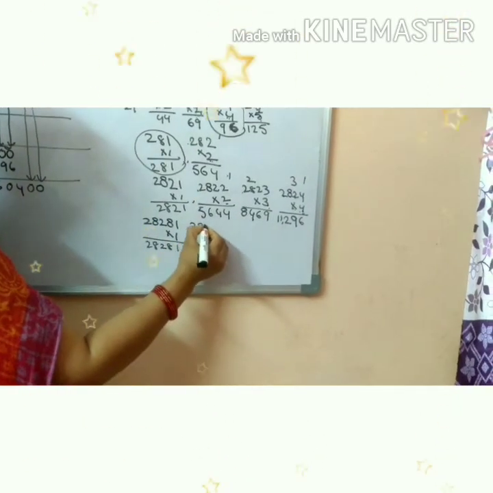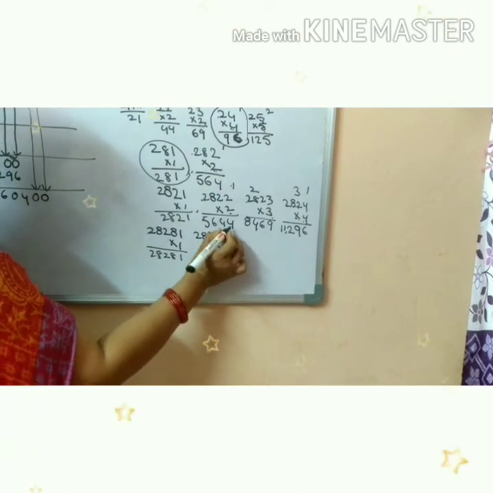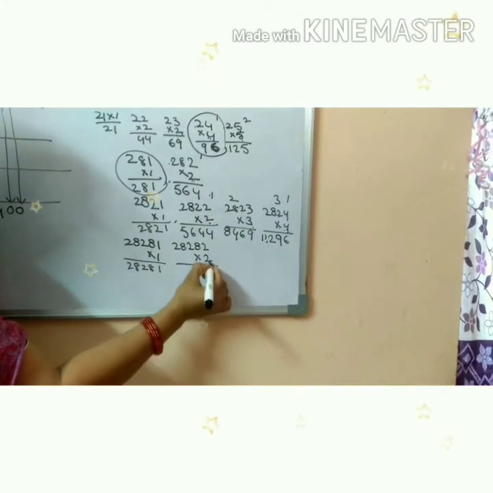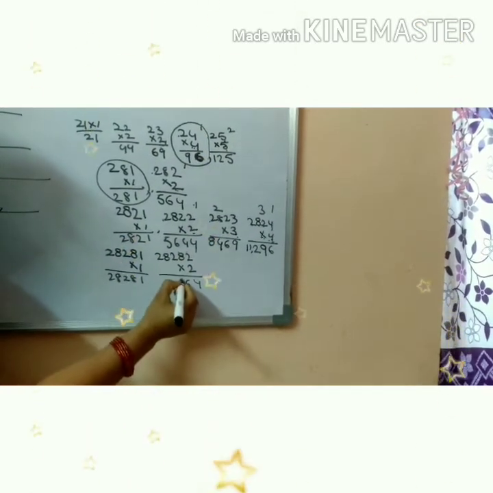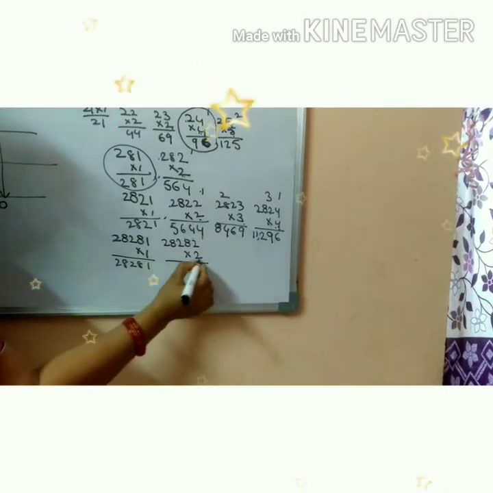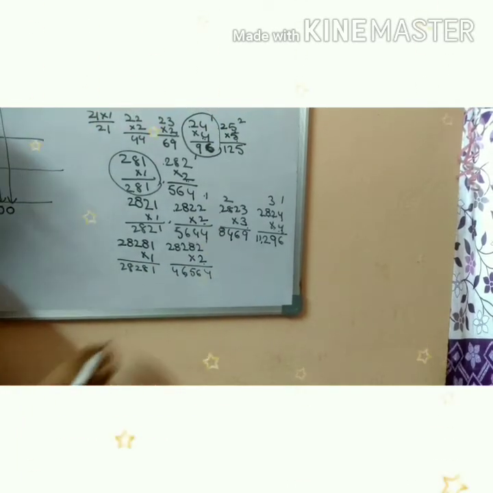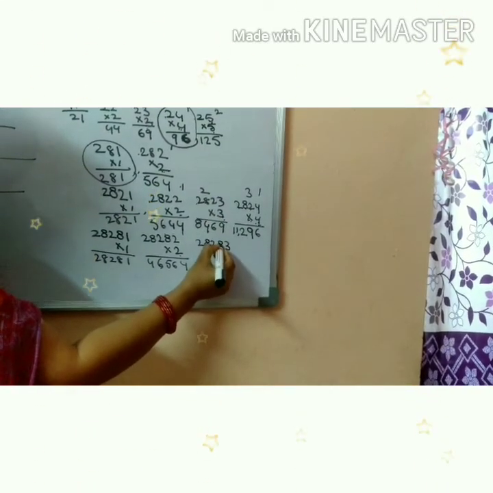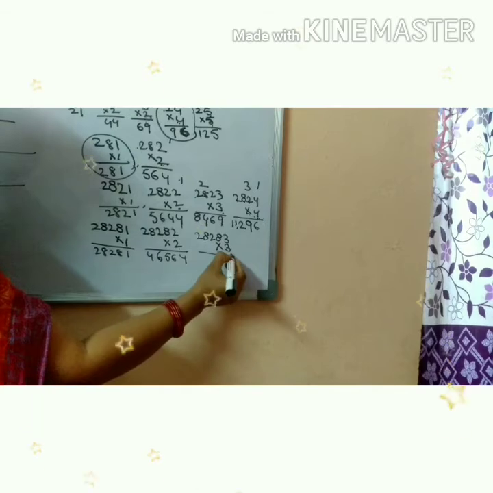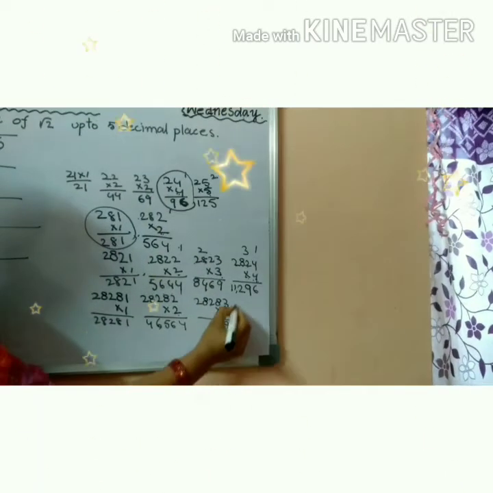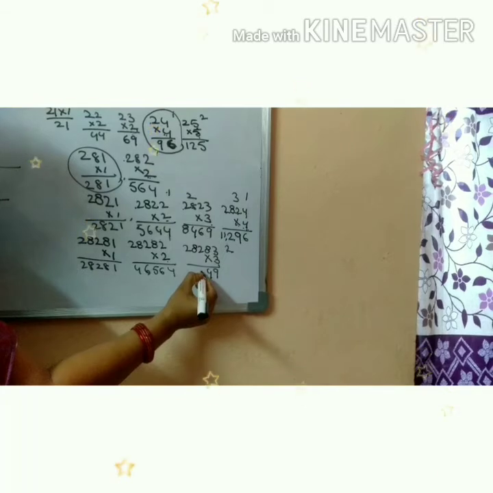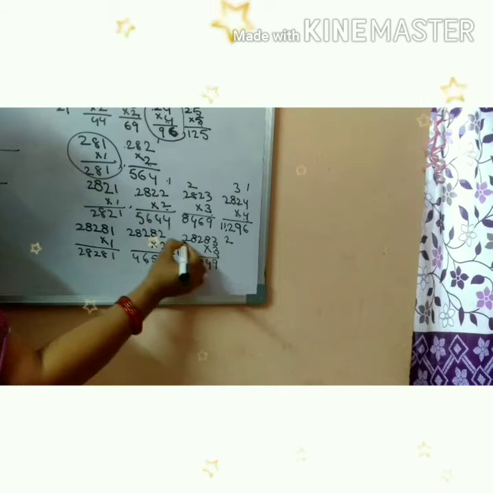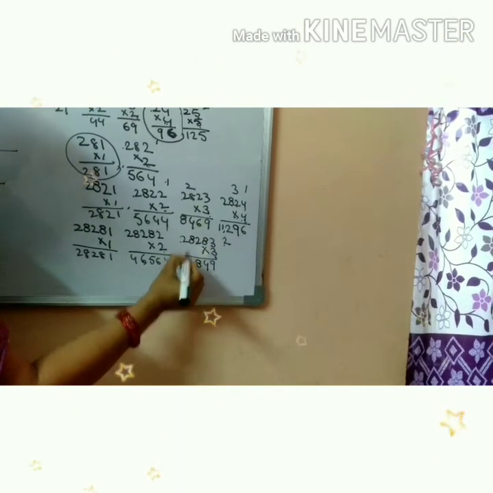Next 2, 8, 2, 8, 1 into 2. 2 2s are 4, 2 8s are 16, 2 2s are 4 plus 1, 5, 2 8s are 16, 2 2s are 4, 56,564. Next 2, 8, 2, 8, 3 into 3. 3 3s are 9, 3 8s are 24, 3 2s are 6 plus 2, 8, 3 8s are 24, 3 2s are 6 plus 2, 8.